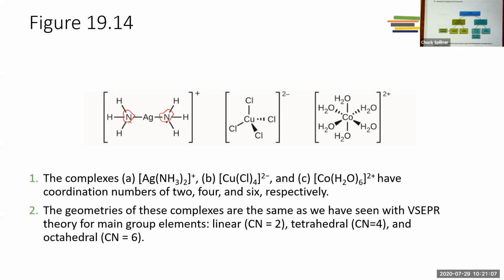This goes back to what you learned previously about molecular shapes back in chapter 7.6. It was called the VSEPR model. I'll write that here, the VSEPR model of molecular shape.